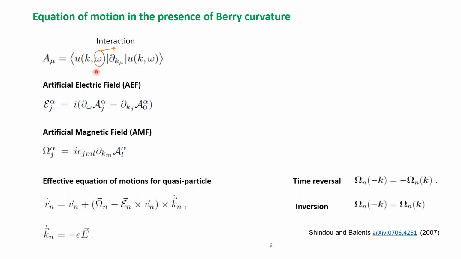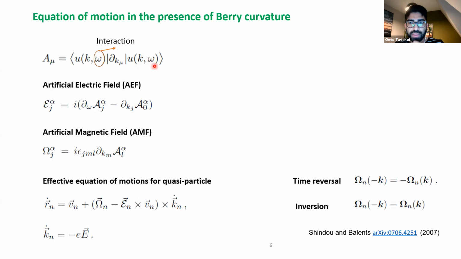But I didn't understand how interaction induced this dependence on omega. Should you have some kind of interaction that induced this dependence, or does any interaction induce it? What's the difference from our usual Berry connection, which only depends on K?